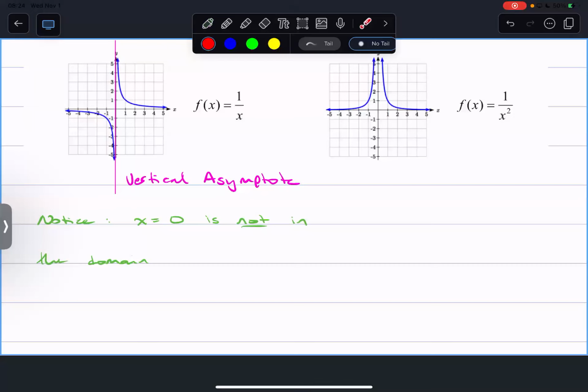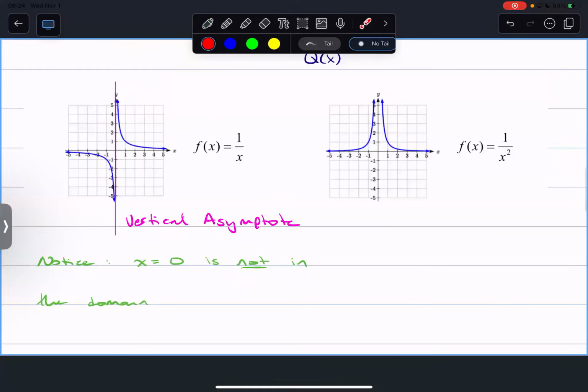So it makes sense that you have no values at x equals 0. Okay? Now what we have is this kind of, right, going to infinity as we get closer and closer to x equals 0.